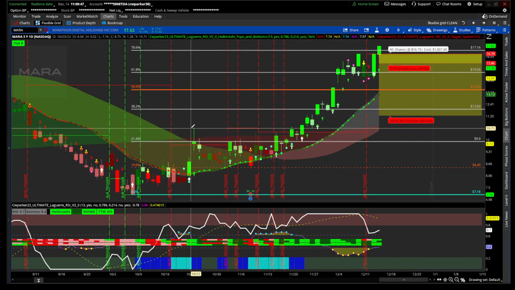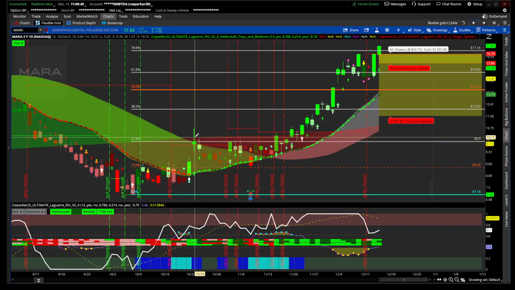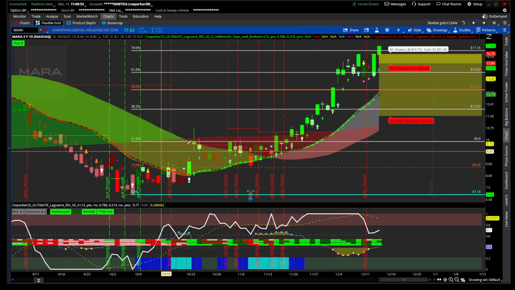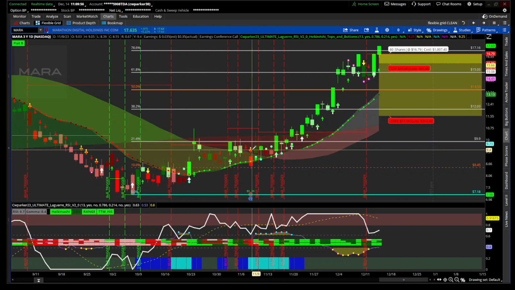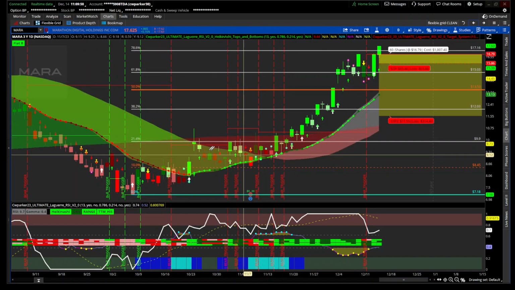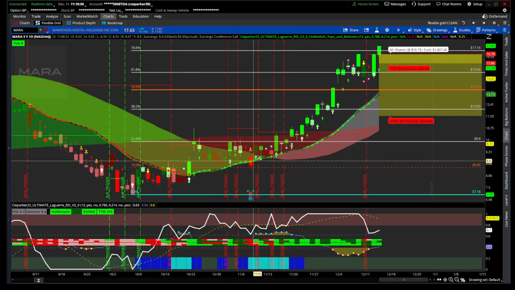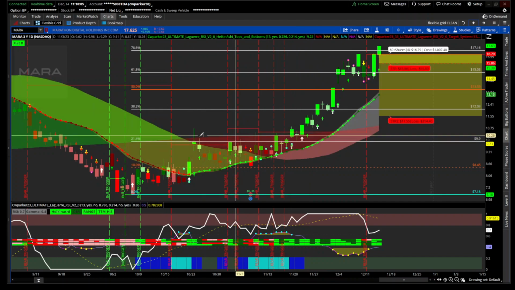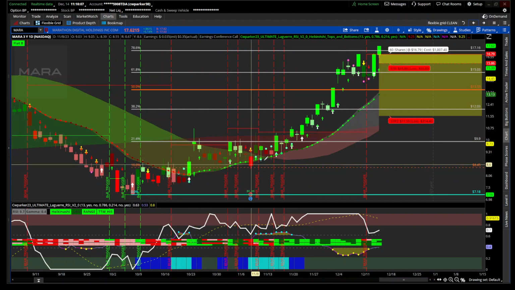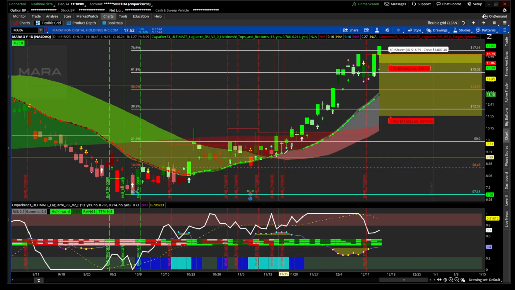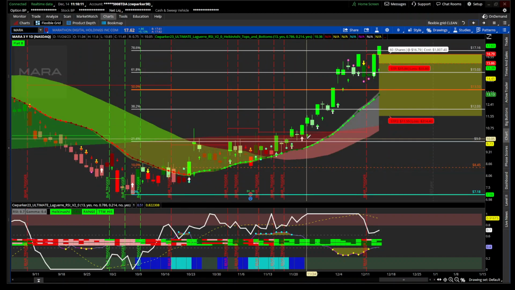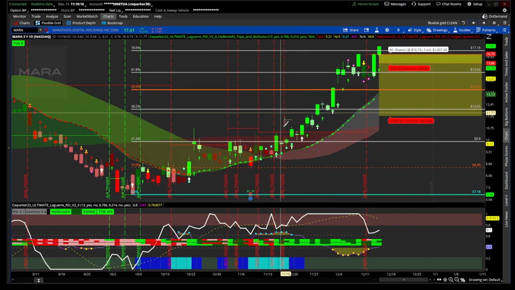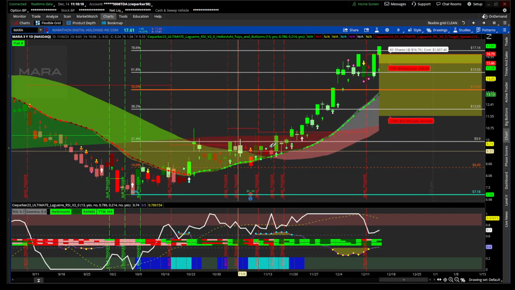I alerted everybody to look for a break above 10, or at least a break out of this area here, because it was basically just ranging back and forth. But you can also see it was almost like a triangle as it was ranging. So it almost was a flat top breakout. This would be the flat top, and this would be the symmetric triangle going up. I still got those fields on there as well.